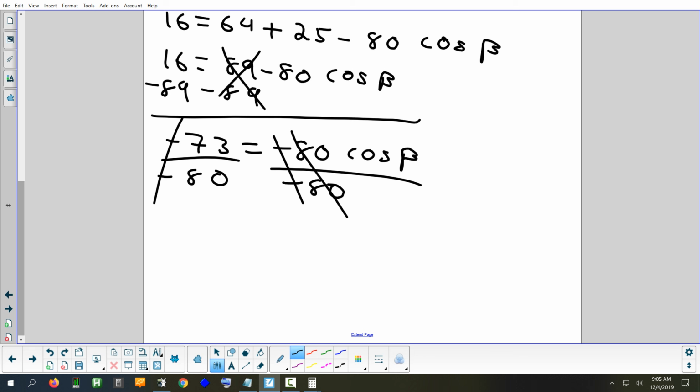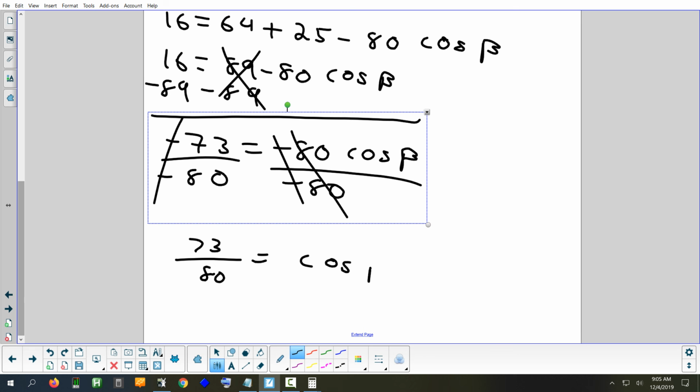Remember, always good that the bigger number ends up in the bottom. If the bigger number isn't in the bottom when you go to do an inverse, it's not going to work. So, basically, I just told you the last step. How do you get rid of regular cosine? Inverse.